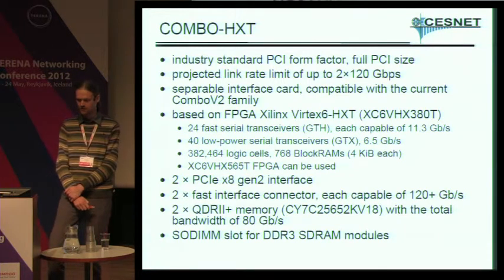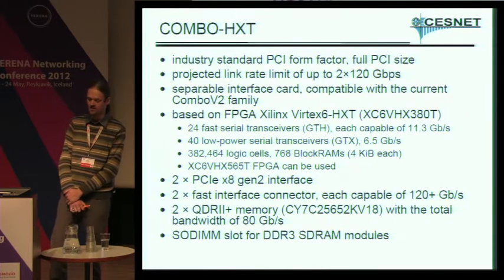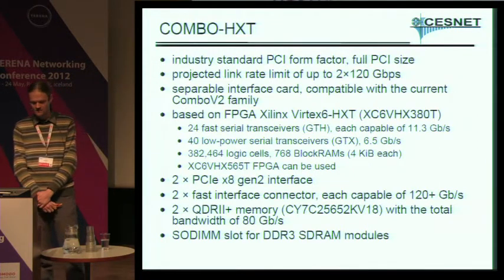And it also has 40 slower transceivers, GTX, each capable of 6.5 gigabits per second. Some of those will be used for the implementation of PCI Express communication, because we're using PCI Express generation 2, which has 5 gigabits per second signaling rate. So these will be used for that.